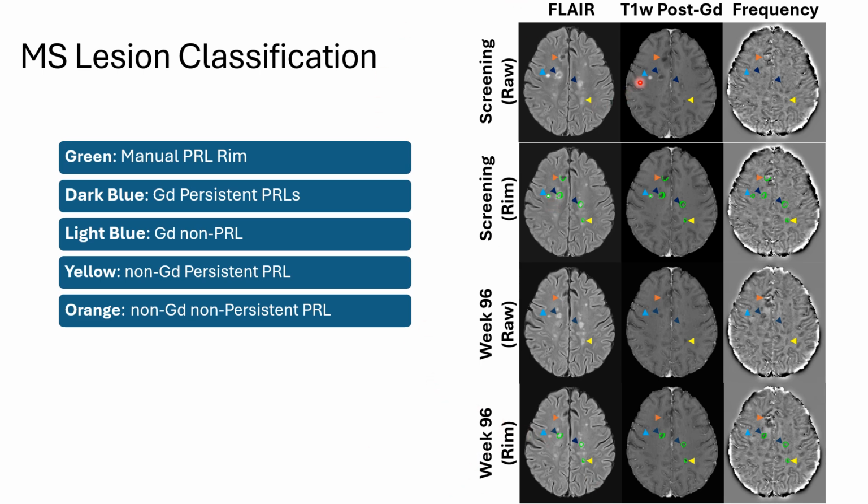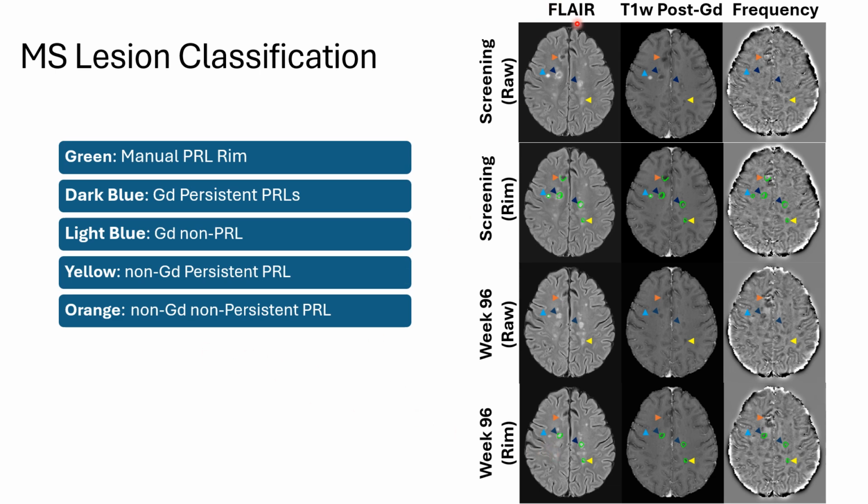But they also displayed enhancement as a hyperintensity in T1-weighted post-administration of gadolinium contrast at screening. The light blue, on the other hand, is highlighting a lesion that showed enhancement at screening in the T1 post-administration of the gadolinium contrast, but did not show rims at both screening and week 96.